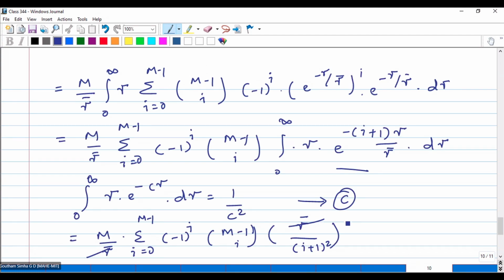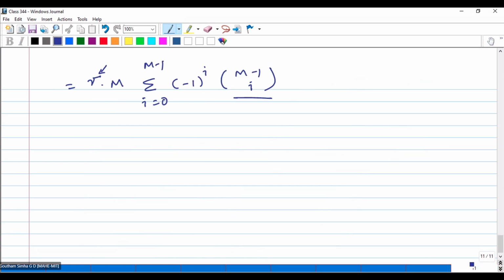Remember here, this is the 1 by c square. So this becomes m minus 1 choose i into (i plus 1) whole square. This implies summation i equal to 0 to m minus 1, minus 1 to the power of i into m minus 1 choose i, divided by (i plus 1) whole square.